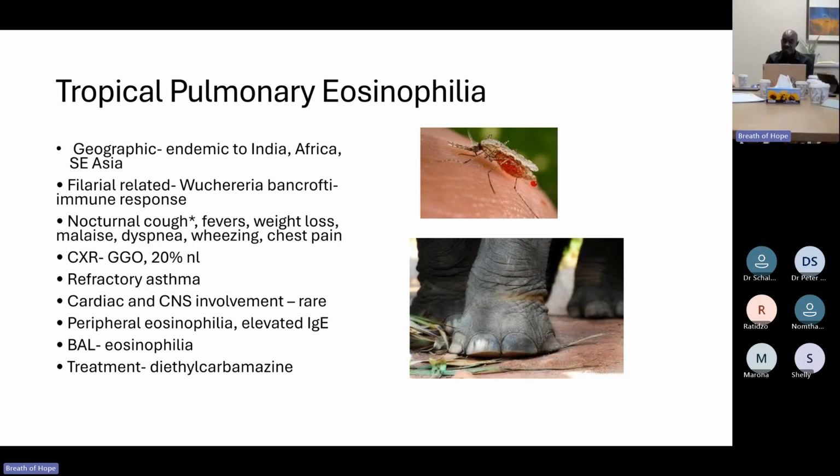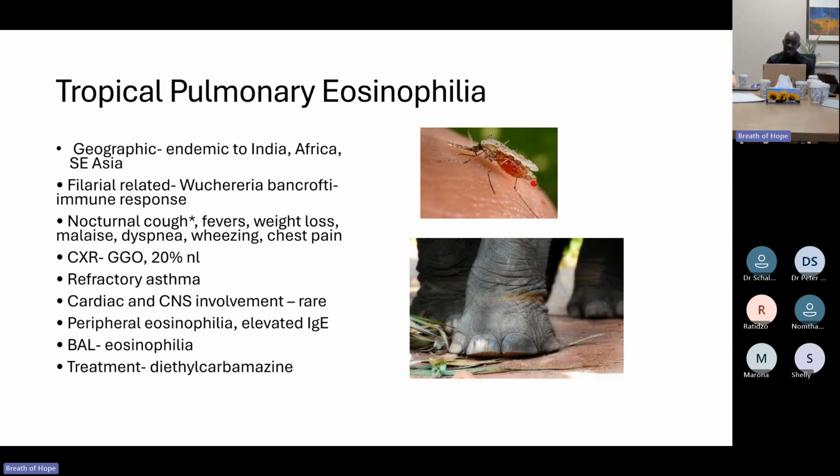And then tropical pulmonary eosinophilia tends to be geographic, endemic to India, Africa, and also Asia. It is filariasis related, with an immune response. Most of these patients have nocturnal cough, fever, weight loss, malaise, dyspnea, wheezing, and chest pain. On chest X-ray they tend to have granular opacities in 20%.